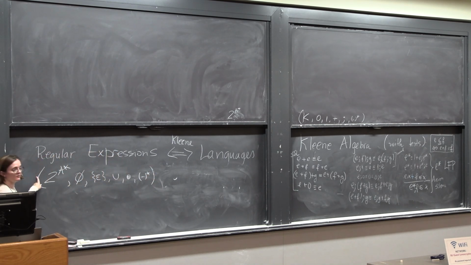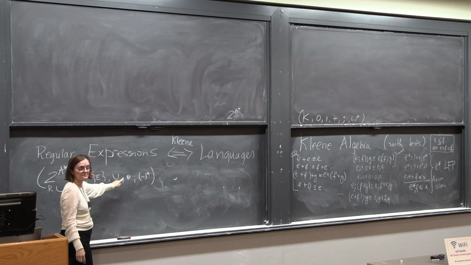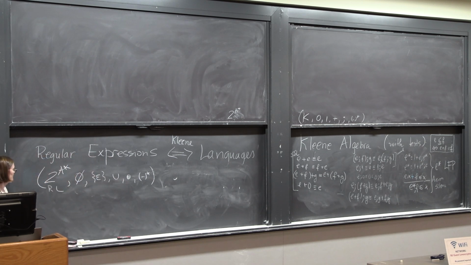This is one example of a Kleene algebra. If I replace 2 to the A star by regular languages, the subset of 2 to the A star that's regular, this all still works because all these operations are closed under regularity.